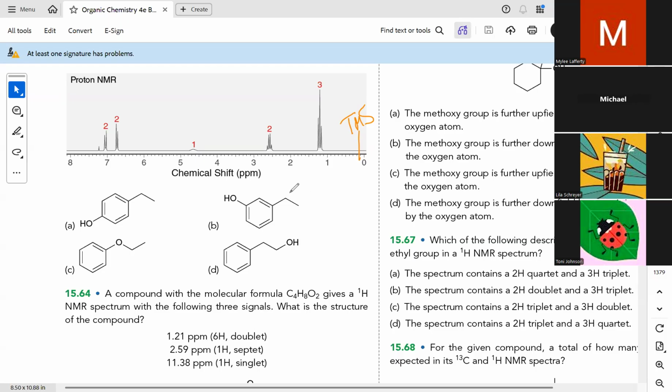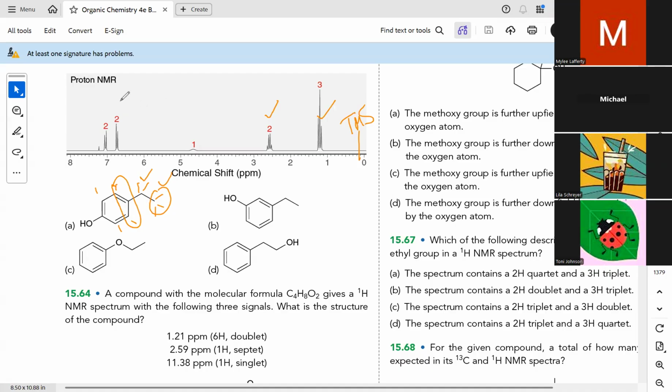If we were to draw in our protons here, let's draw in 1, 2, 3, A. So I have 3 protons with 2 neighbors, so that checks that box here. I have 2 protons with 3 neighbors, that checks that quartet off there. And now I have these 2 protons, which due to symmetry would give a single signal.